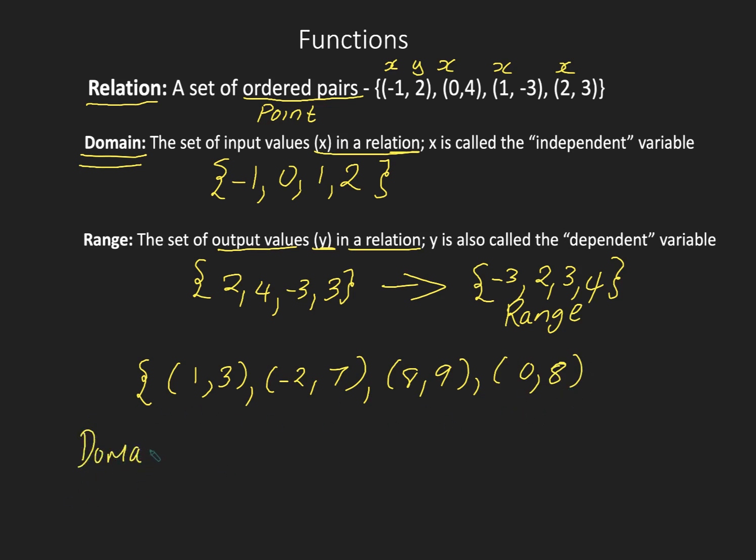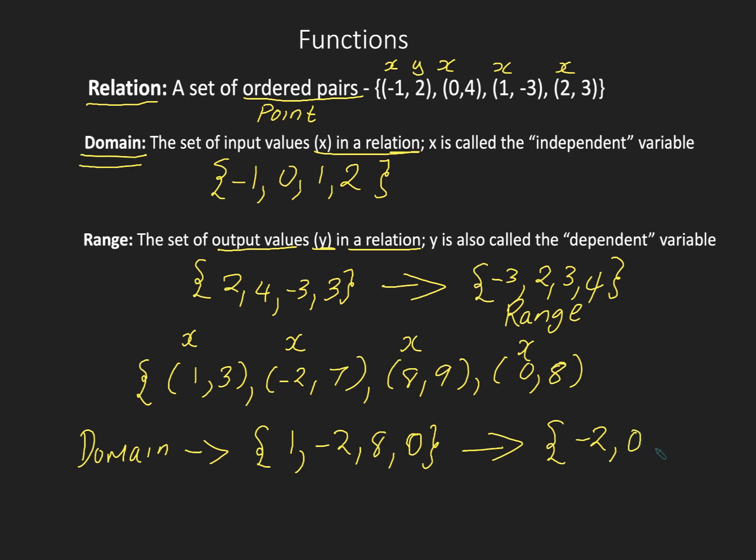My domain is all my x values, which are here. So again, I'm going to write them how I see them: 1, -2, 8, and 0. And then I'm going to put them in numerical order. So -2 is the smallest, then 0, 1, and then 8. So now they're in numerical order.